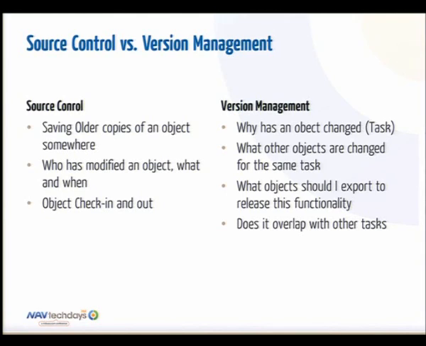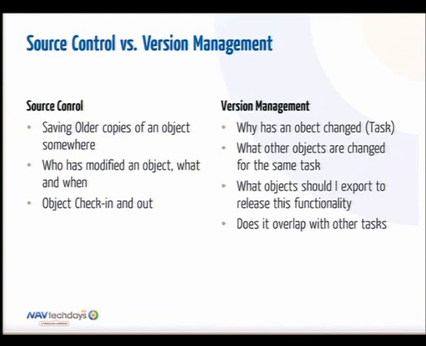object. Well, version management, that's more where the tasks and the project get in: why has an object been changed, and what other object has been changed for that same task. And what objects should I release and export when I want to have this functionality available in another database.